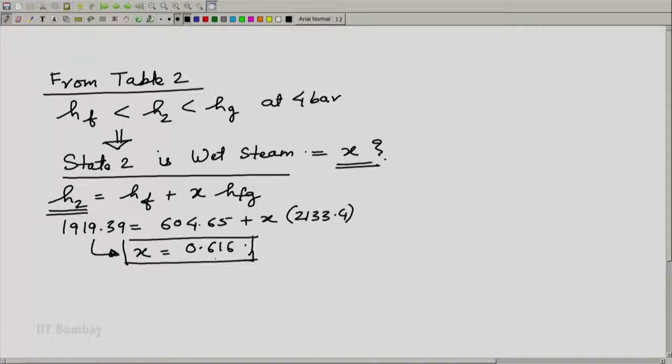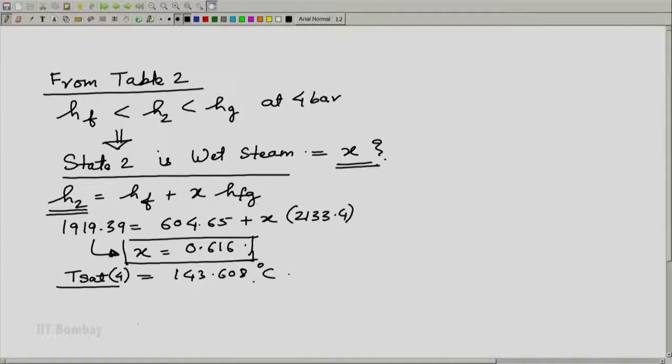I could also see from the table that the temperature at this value, the Tsat value, because the state 2 being in the two phase region, the temperature is going to be the Tsat value, alright, and that is equal to 143.608. So Tsat value at 4 bar is going to be 143.608 degrees centigrade.